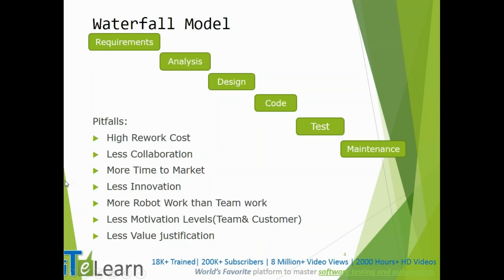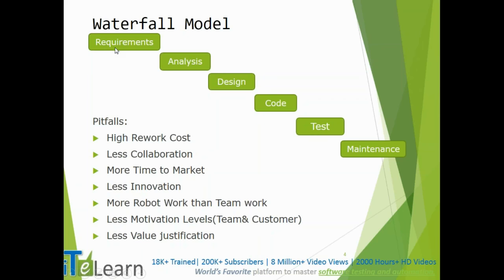But in the waterfall model, there is a hierarchy which should be maintained, and people have to literally wait. If something goes wrong, say I find something in my testing, or when it is sent to the UAT, the user acceptance test, and the user finds something, then think about the change from the beginning.